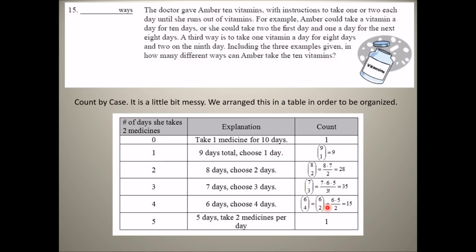So 6 choose 2 is 6 times 5 over 2, which is 15, and if she takes 2 medicines for 5 days, she just has 5 days and she takes 2 medicines for all the days, and that is one case. So for the total count, you just add it all up and you get 89.